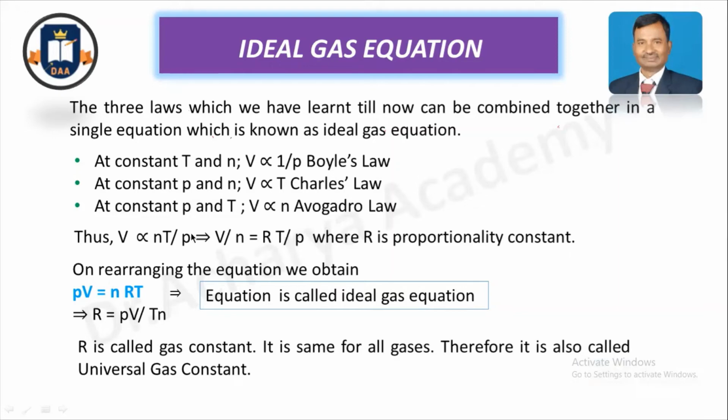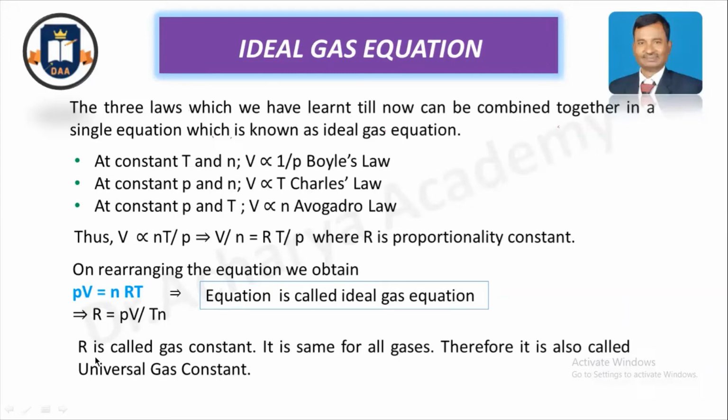If we rearrange this equation, we get PV is equal to nRT, and this equation is called the ideal gas equation, which combines the different gas laws, that is Boyle's law, Charles' law, and Avogadro's law. Here we can calculate the value of R, the proportionality constant. R is equal to PV by nT. This is a simple mathematical expression.